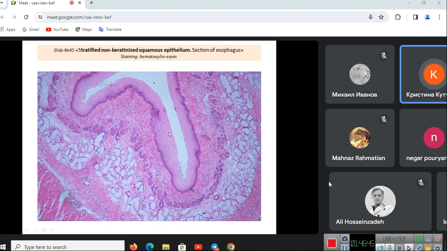As I said before, here in esophagus we also have glands, which we see here. We will talk about them later, but you should know that these glands produce mucus, which covers the surface of epithelium, because this mucus is produced here and is released via the ducts to the surface of epithelium inside the lumen of esophagus to moisten the surface of esophagus and to prevent friction and damage of the epithelium by food.